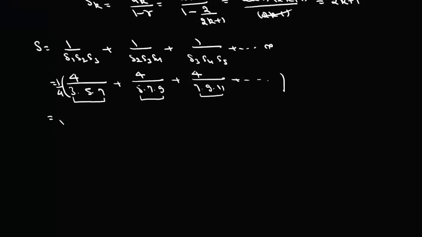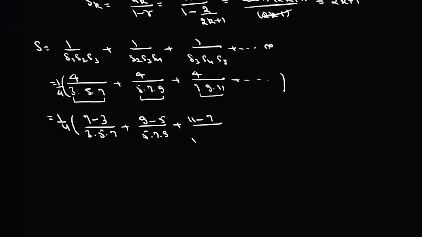Now we can write this as 7 minus 3, and this is 3 into 5 into 7. This is 9 minus 5, 5 into 7 into 9, 11 minus 7, 7 into 9 into 11.